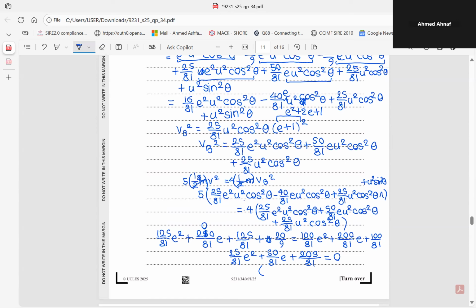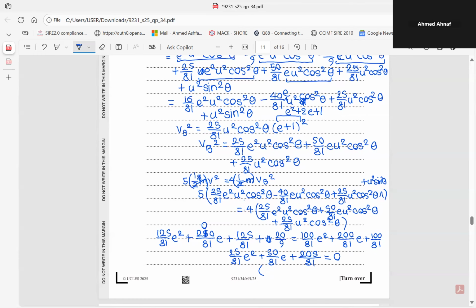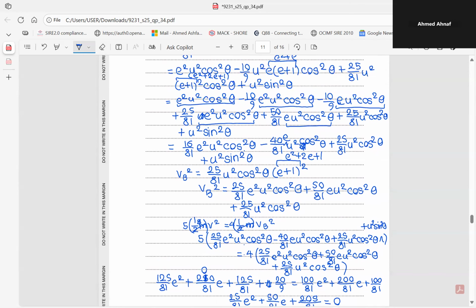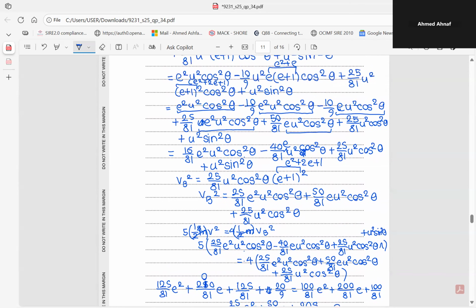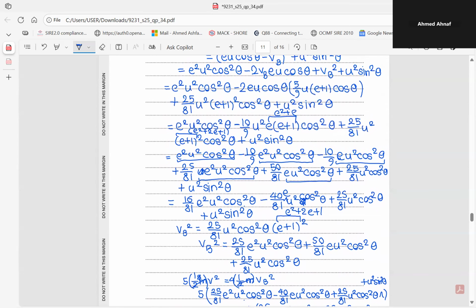Something is not right. Give me a while. 100 e squared. Wait a minute, let me see if I copied anything else down wrongly. Did I square any squared terms?